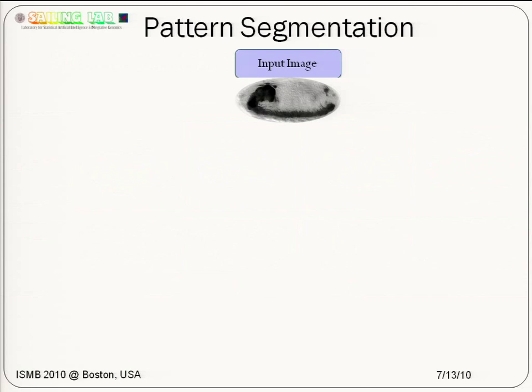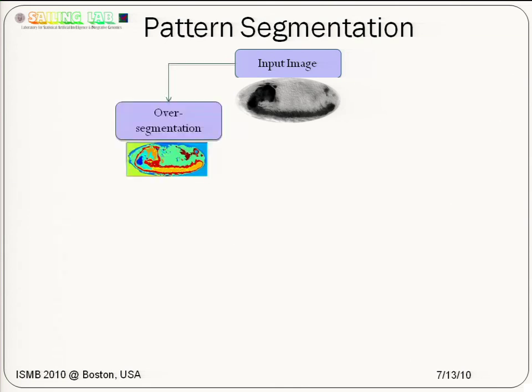So we put a Markov random field, which is a graphical model, to automatically segment the image into the places that had gene expression and the places that did not. So here's an input image. It's a grayscale image. We're going to construct a field that is specific to this particular image. We do this in an unsupervised way, where the structure as well as the parameters of the MRF are learned in an unsupervised way.